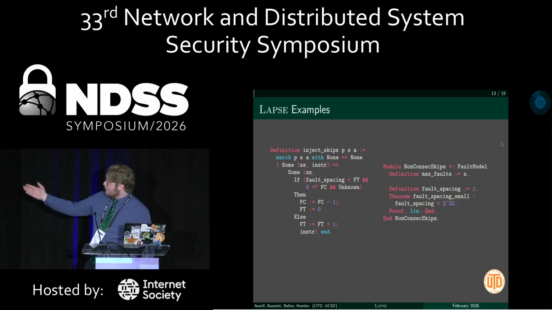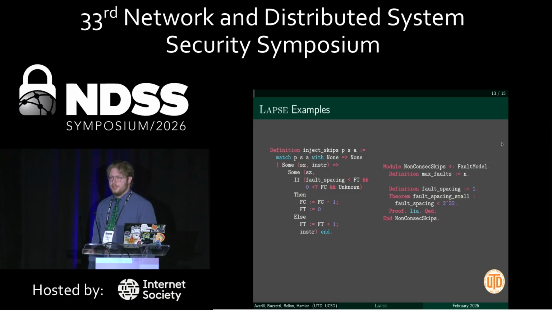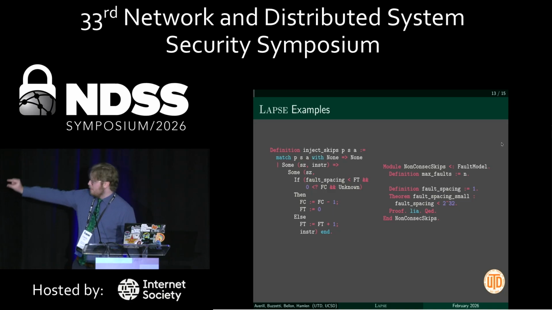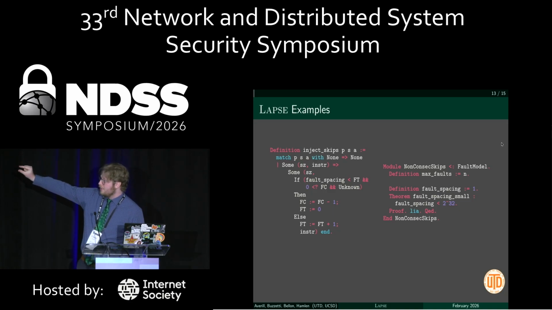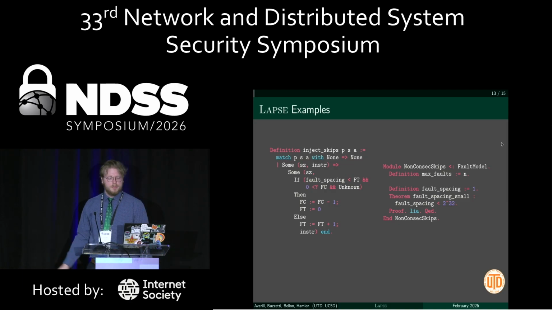So we have an example of a fault model here and one of these simulation injection functions. Inject skips basically says if an instruction skip is possible, then do nothing but modify these virtual registers for timing faults and whatnot. Otherwise, actually execute the instruction.